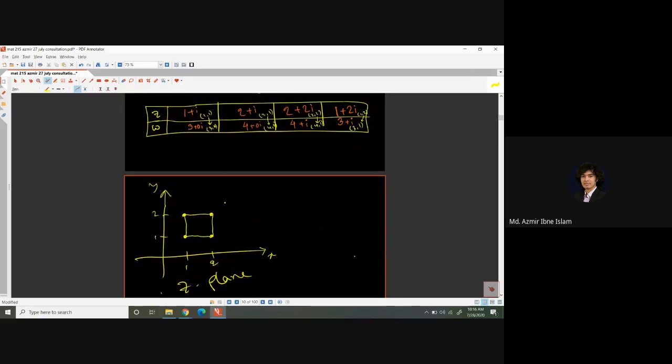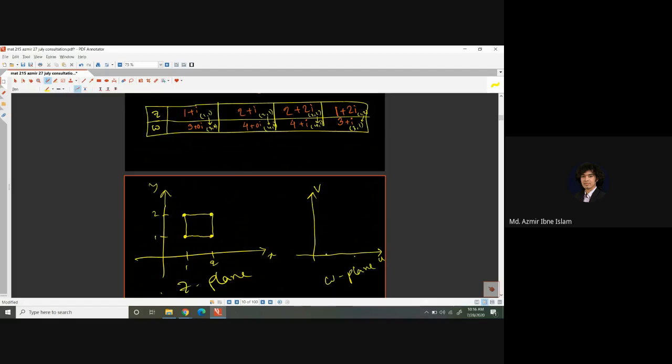So that means now we have to check what will be the output in the w plane. In the w plane, the real axis is denoted as u and the vertical axis as v. You can see that here we have (3,0), (4,0), (4,1), (3,1).